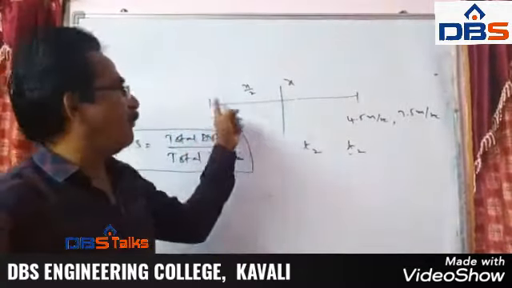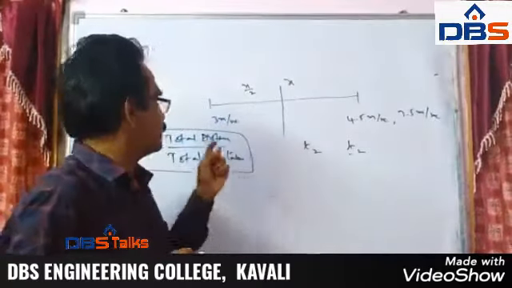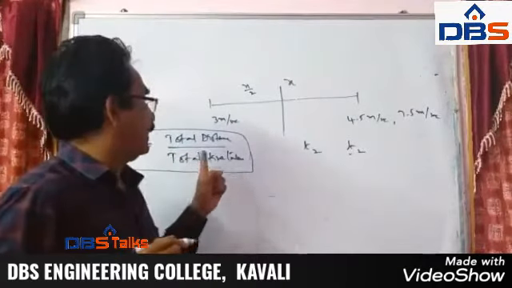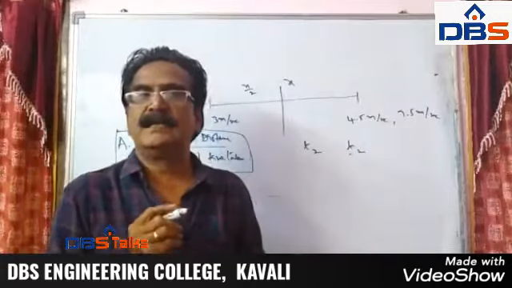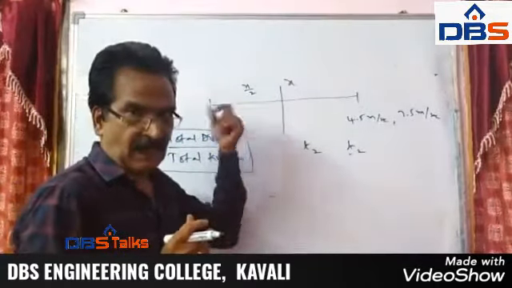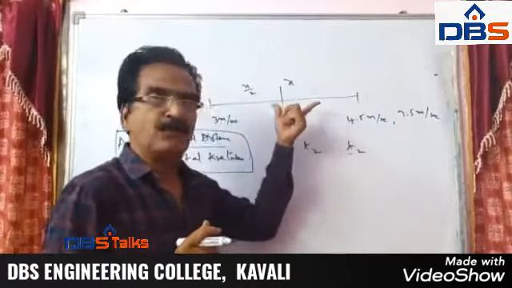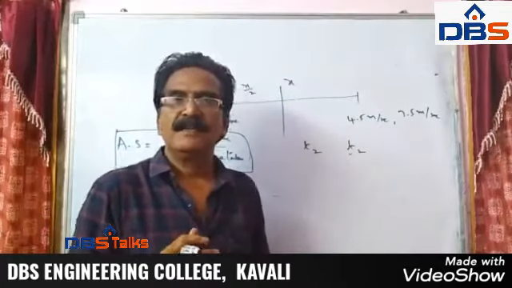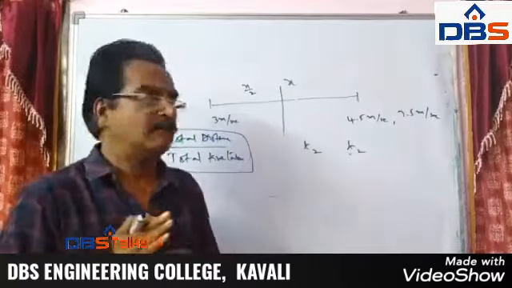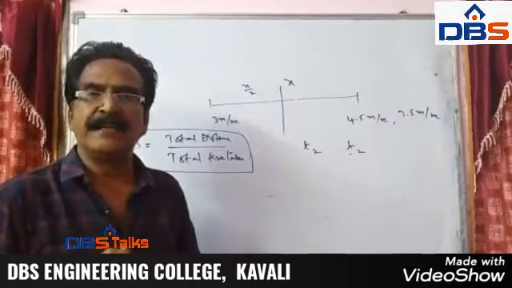We know the total distance traveled by the particle is x. Now we have to find the total time taken: the time taken to travel the first half plus the time taken to travel the second half. Adding these two timings, we get the total time. Total distance by total time gives the average speed.